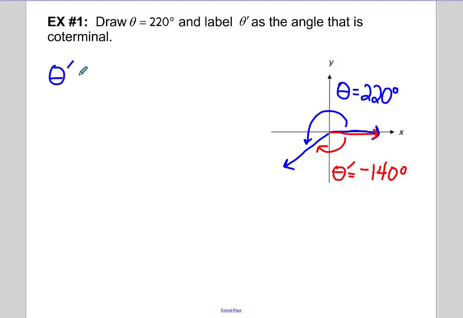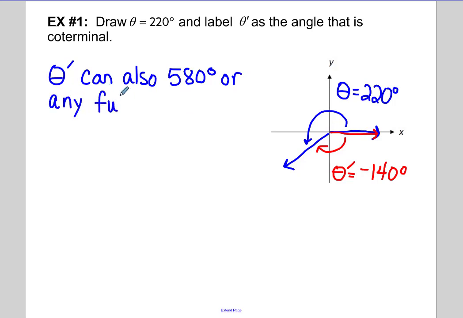And we could write over here on our notes that theta prime can also be, let's say we added 360 to 220. So if we added 360 to 220, it could also be 580 or any other full revolution: 220 plus 360 times an integer.